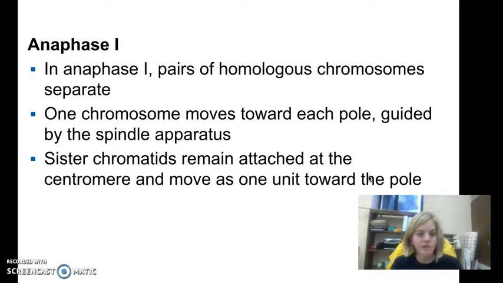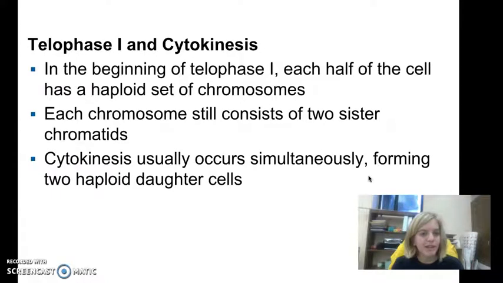In anaphase 1, those homologous pairs separate, and in telophase 1 and cytokinesis, we end up with, for the first time, our haploid cells. However, in meiosis 1 at the end, though the cells are haploid, each chromosome still consists of 2 sister chromatids. So you still have 2 copies of each chromosome, the duplicated version. Then cytokinesis will occur and you end up with 2 haploid daughter cells.